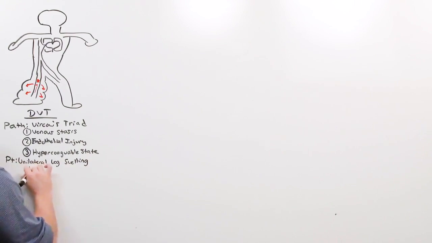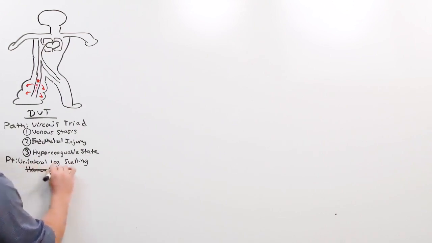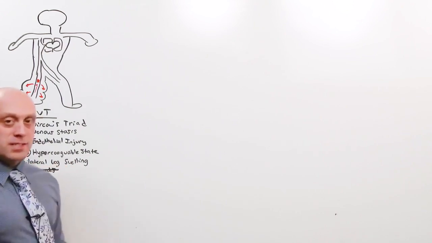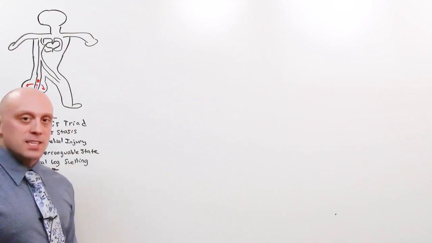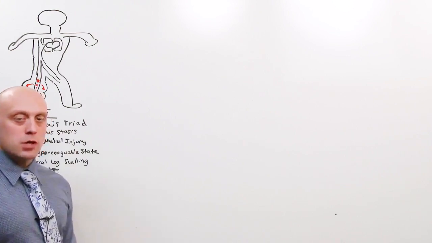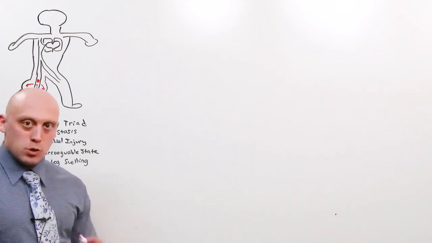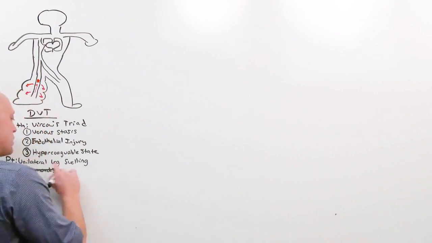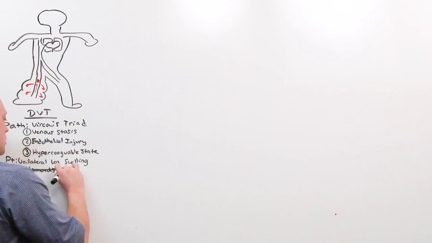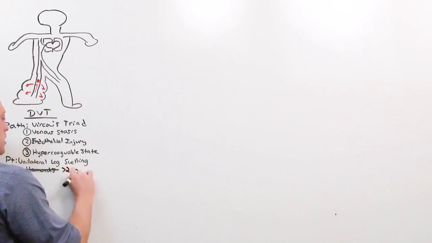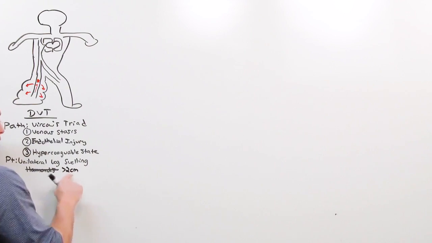People learn about the Homans sign, and I hear it spoken a lot. Unlearn that. Calf tenderness has no impact on DVT. Positive likelihood ratio of 1, which means it is useless. Instead, what you should be looking for is a difference between extremities, 2 centimeters greater, 2 centimeters below the tibial tuberosity.